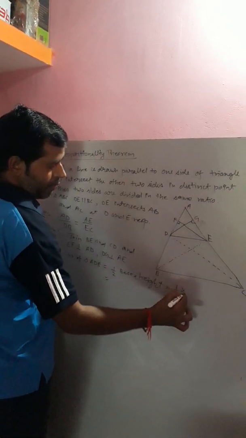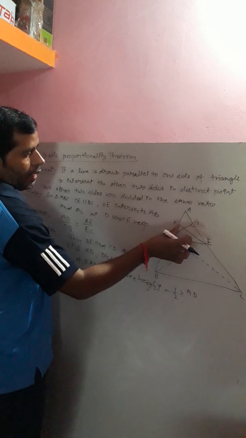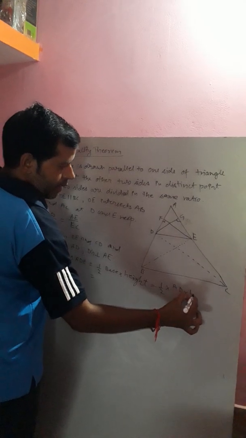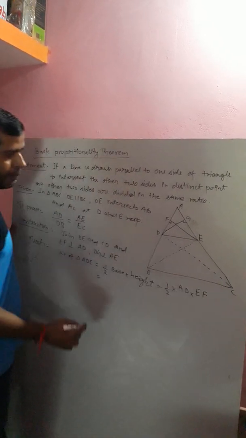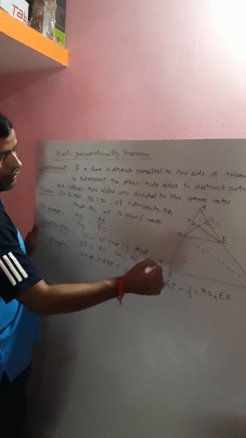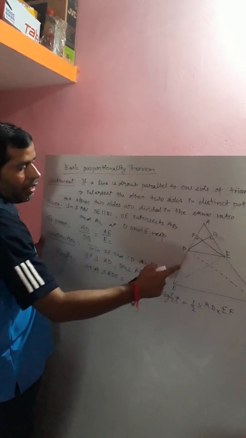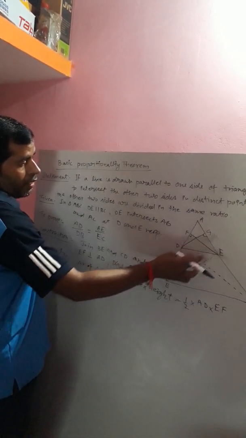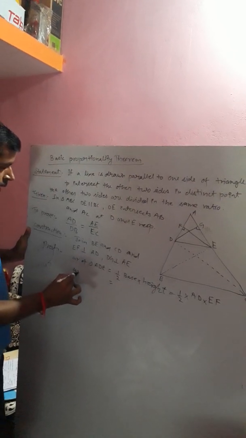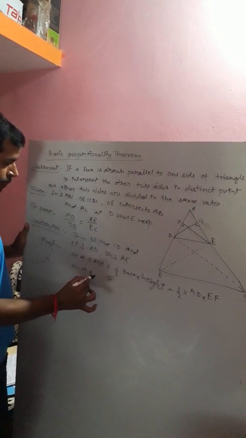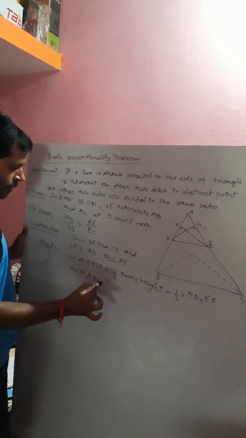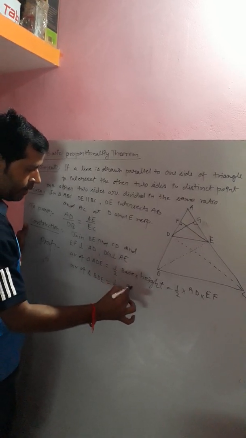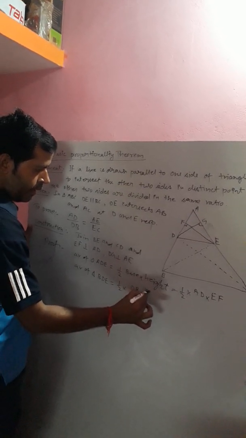Base is AD, and the height: we have drawn the perpendicular from E to F, so EF is the height. Similarly, we need to find the area of DBE, which is an obtuse angle triangle. So the height of this triangle will be EF. Now, area of triangle BDE is 1/2, base is DB and height is EF.